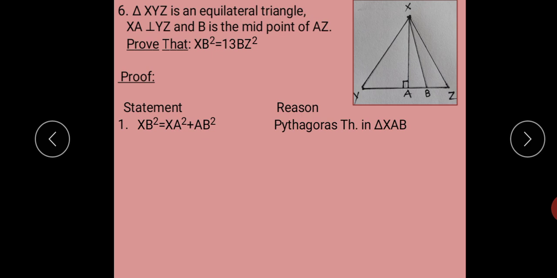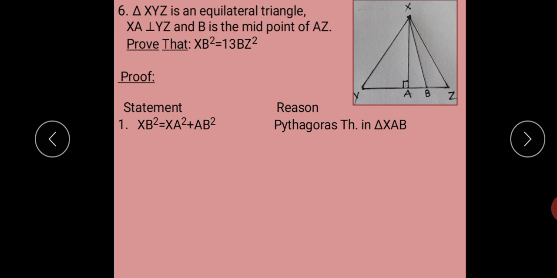Apply Pythagoras theorem in triangle XAB. XB square is equal to XA square plus AB square. We don't want XA in the final statement. So we'll go to XY because XY and YZ are equal. Now in place of XA, we can get XY.